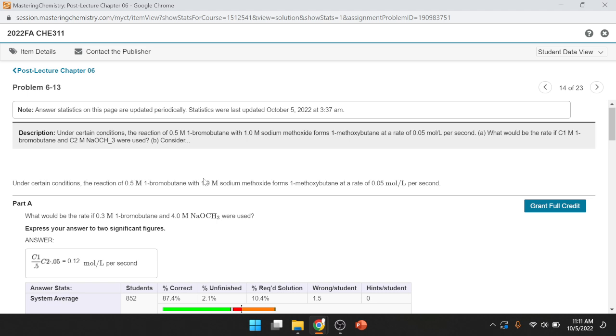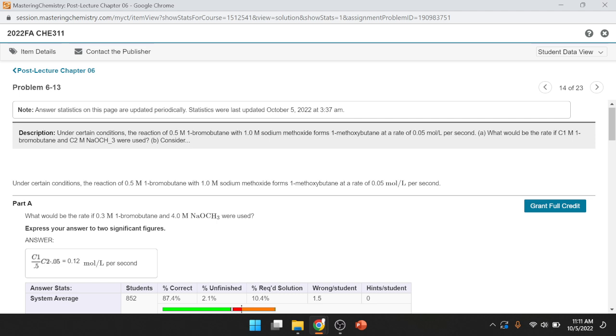Honestly, so literally it's just rate over concentration for one set equals rate over concentration for a different set. Kind of like M1 V1 equals M2 V2. Same concept. And you solve, and you'll get 0.12 moles per liter per second, which another way of saying that would actually be moles per liter second.